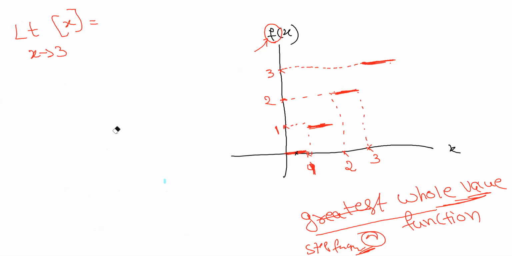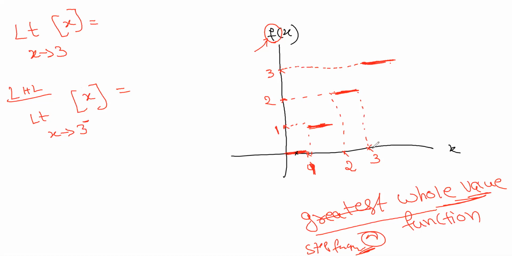First we will do the left hand limit: limit x tending to 3 minus of step x. What is the left hand limit? It means the left side of 3.